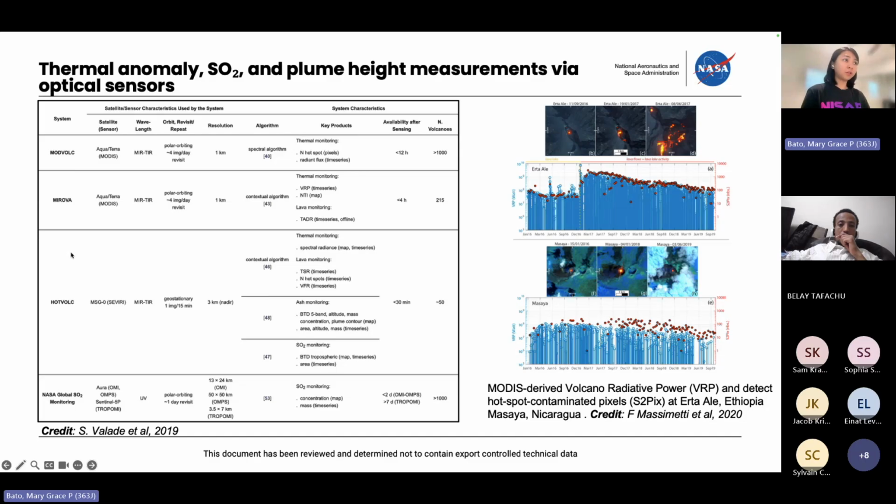So you have satellite sensors from MODIS, which has the Aqua and Terra satellites. And then this one is SEVIRI, a geostationary sensor. And you have Aura and Sentinel-5P that have recently become accessible on many free platforms.